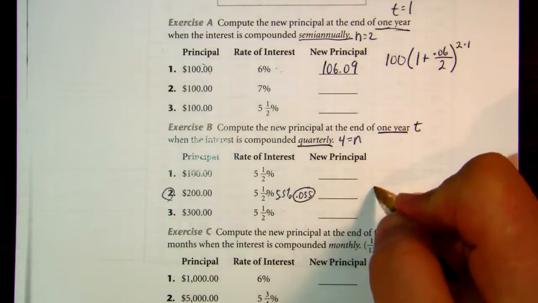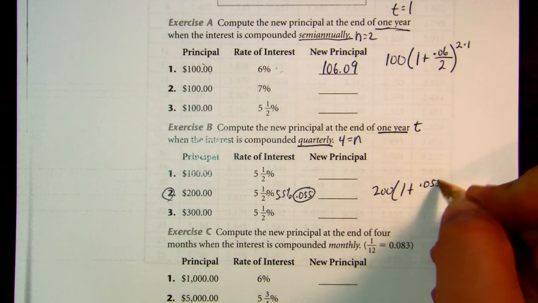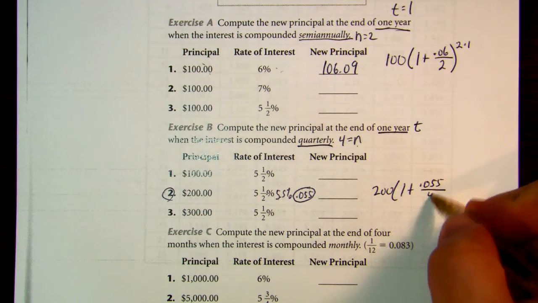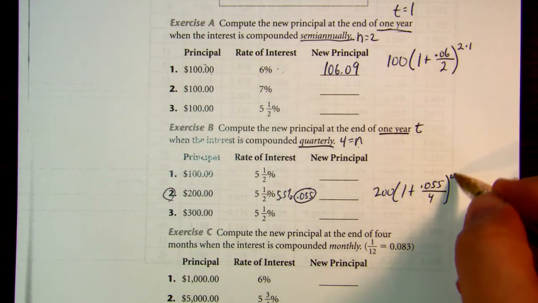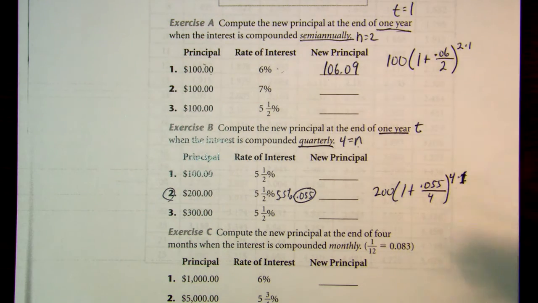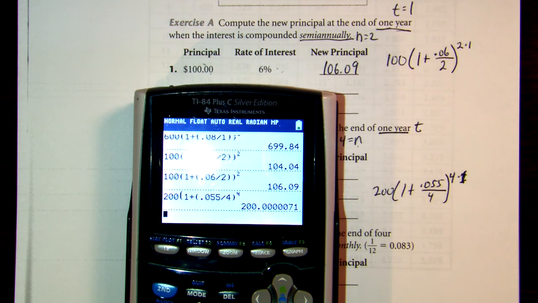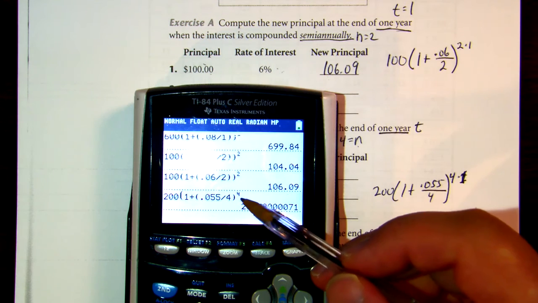So let's plug in. It's going to be 200 times 1 plus 0.055 over my N, which is 4. And again, it's for 1 year. 4 times 1 we know is just 4. So when I plug it in, it's going to be 200, parenthesis 1 plus, parenthesis 0.055, divide that by 4, to the 4th power, and we get, oh, I made a mistake because I forgot to do a double parenthesis at the end.